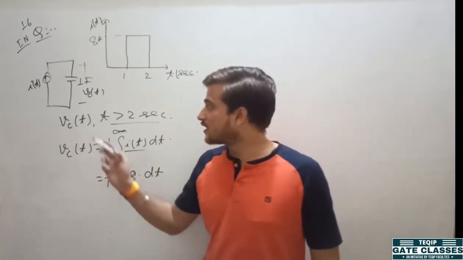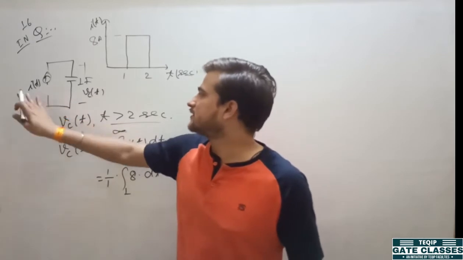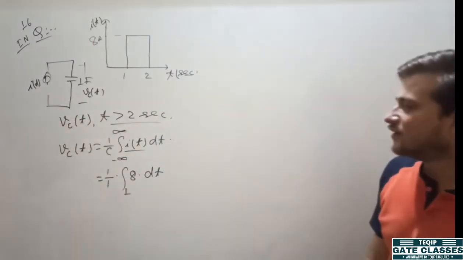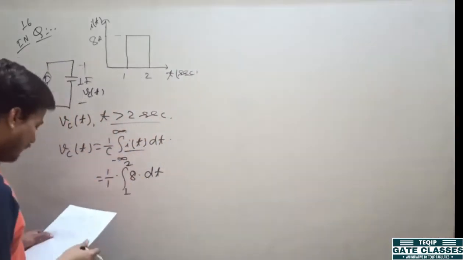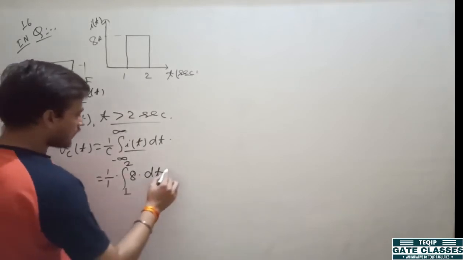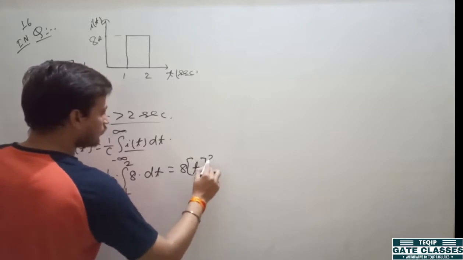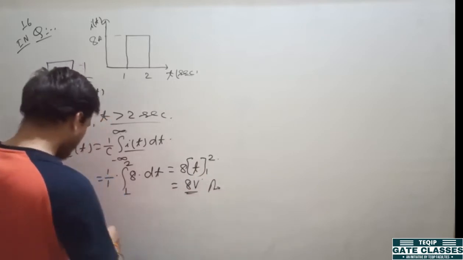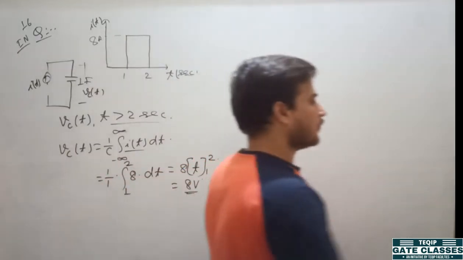But here, after 2 seconds the source will be 0, so the capacitor will be open circuited. So here what will be the limit? Clear? 1 to 2. So here its answer will be 8 into t, t from 1 to 2, that means 8 volt. Answer will be 8 volt.